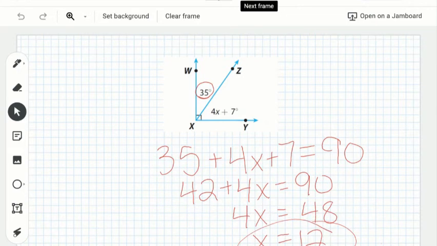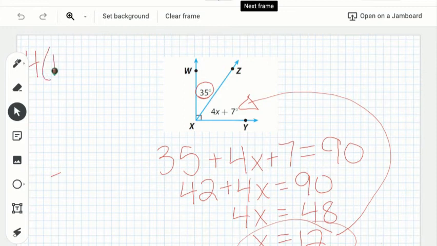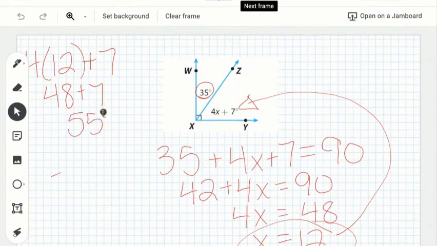However, remember, x is not the angle measurement. The angle measurement is when I take that 12 and plug it back in. So I get that that's 55 degrees, this angle right here.